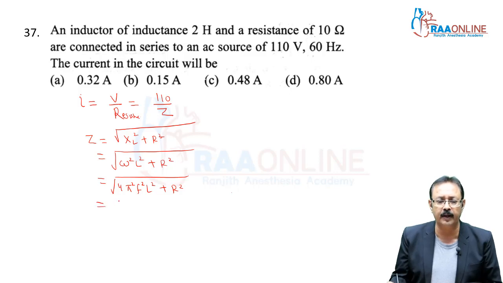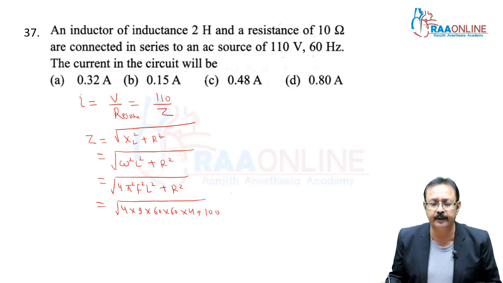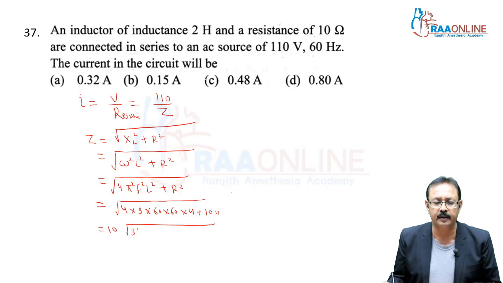Now by putting the values, pi square is nearly 9, F square 60 into 60, L square 4 plus R square 100. Take 100 common, so you will get 10 out of the square root. So it is 36 into 36 into 4 plus 1. You can ignore this 1.